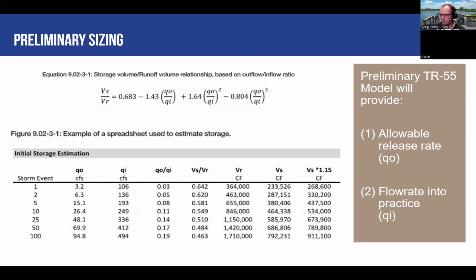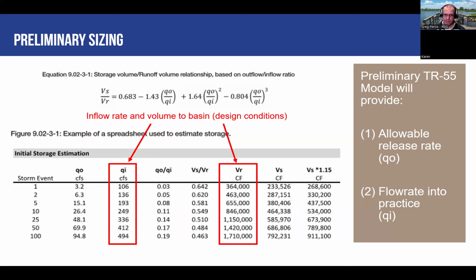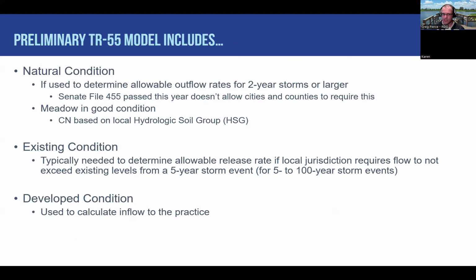So if you know how much storage you need, and I kind of drew on the screen, basically if you know the outflow rates and then you know your inflow rates and volumes, again, you can calculate the storage. Where do you get this information from? Well, your natural condition, and in some cases, this may not be necessary anymore.